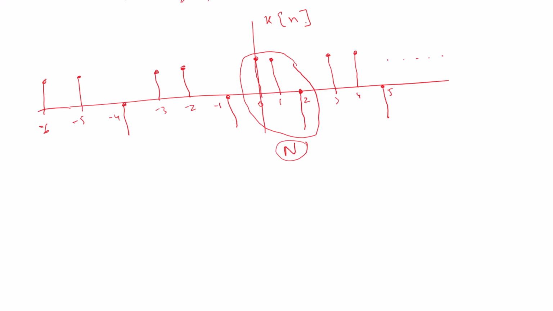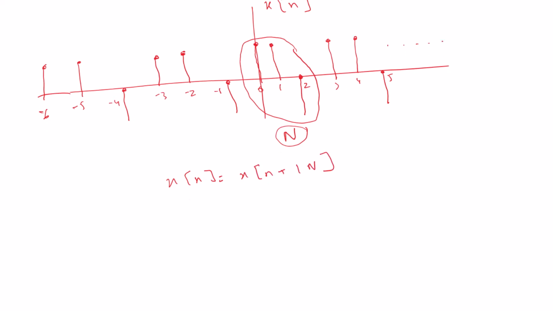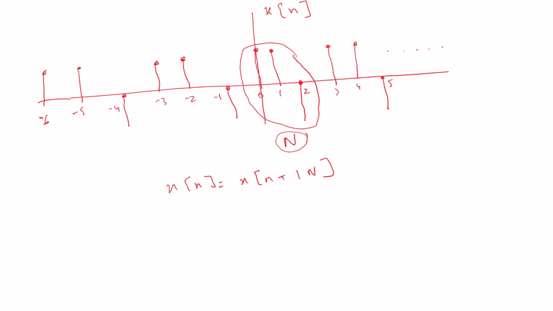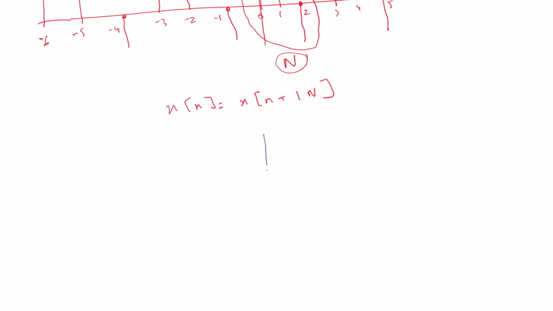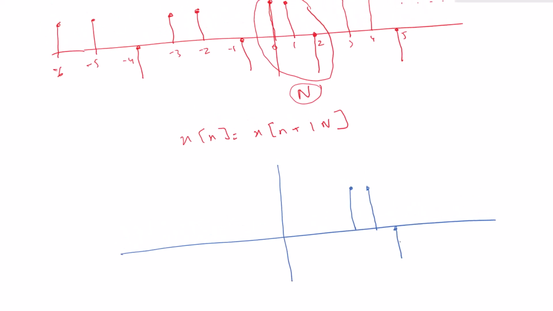Again, if we shift this signal x(n) by one time period, and I am going to shift this signal to the right, this base signal will be shifted to 3, 4, and 5.